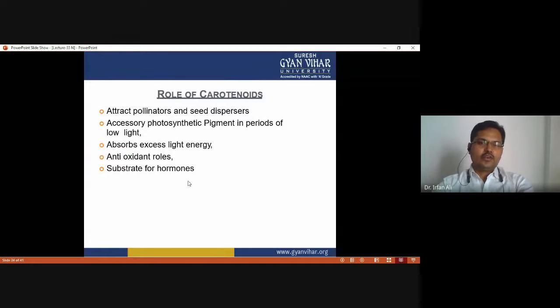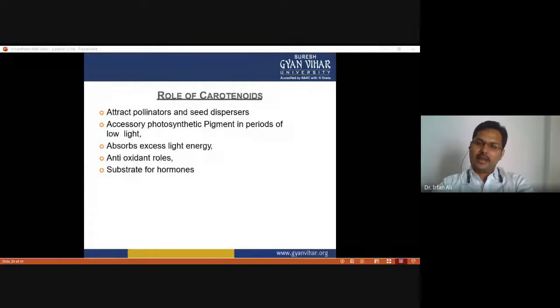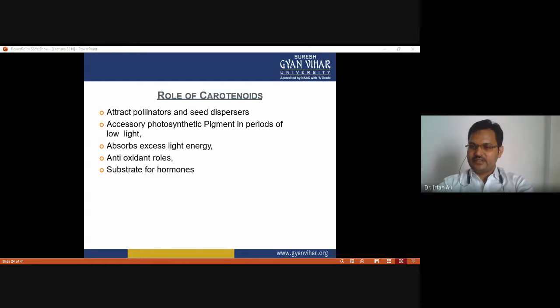And now, what are the roles of carotenoids in plants? Carotenoids attract pollinators, such as various insects that help in pollination or seed dispersion, and act as accessory photosynthetic pigments in periods of low light.